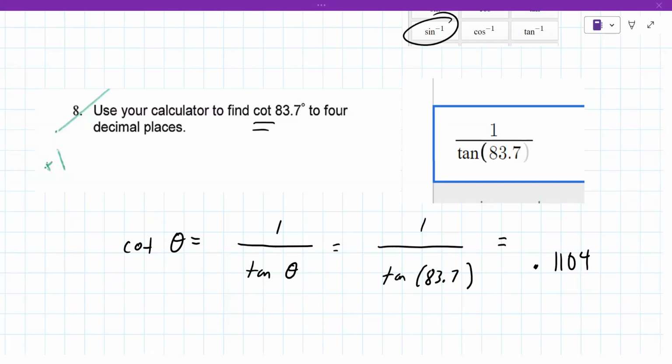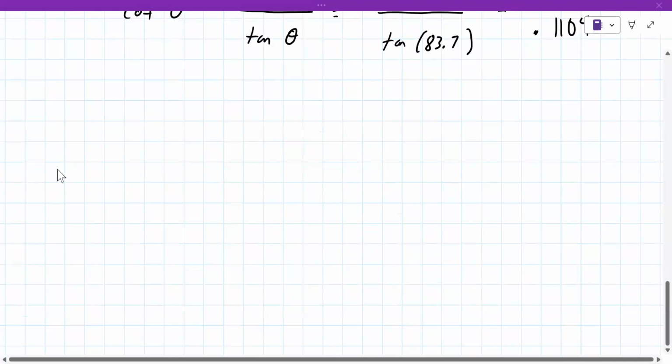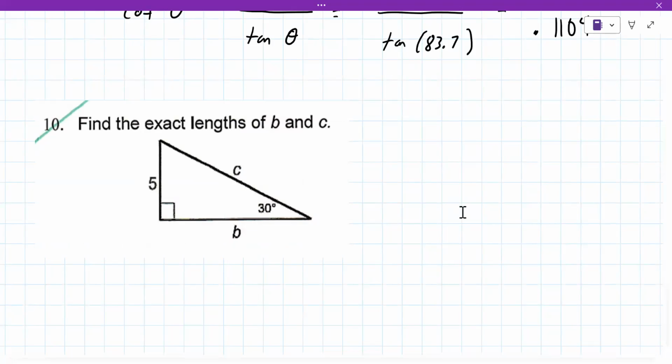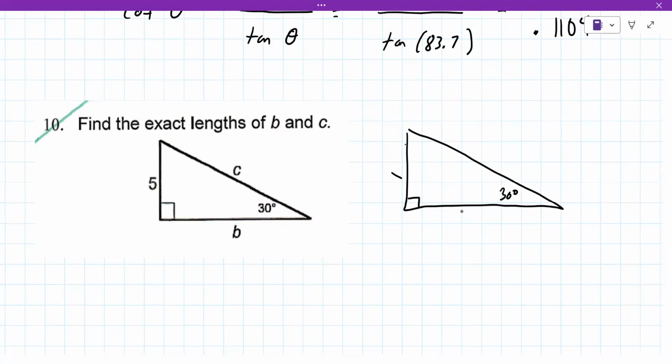All right, number 10. To do this problem, you need what's called a reference triangle, and I'm going to draw this reference triangle.